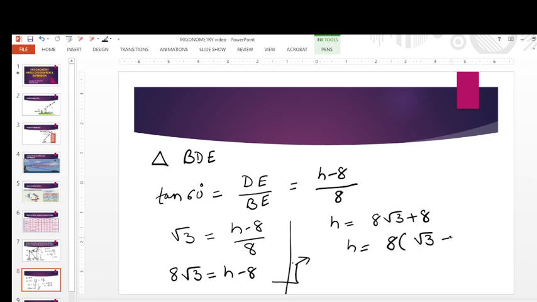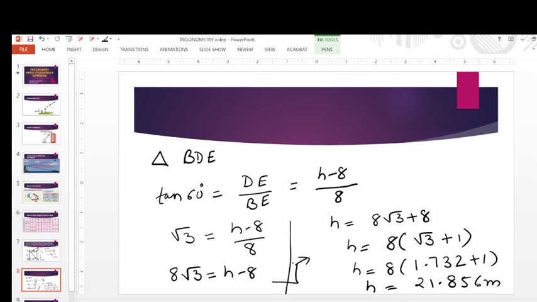Calculations will be solved easily then. 8 times root 3 plus 1. Root 3 is 1.732, already given in the question and you must learn it also. 1.732 plus 1, add it up. H is equal to 8 times 2.732, which is 21.856 meters. This is the height of the tower you have calculated.